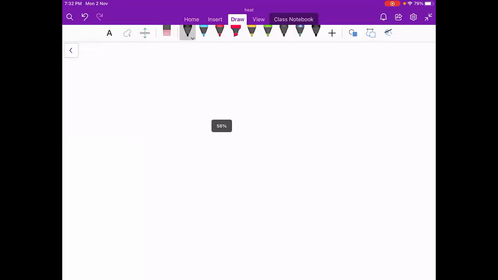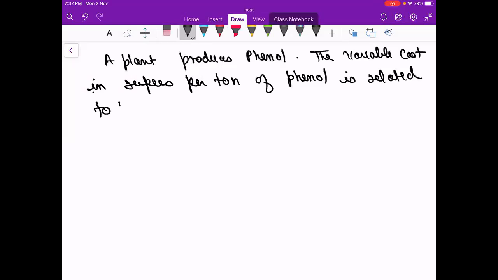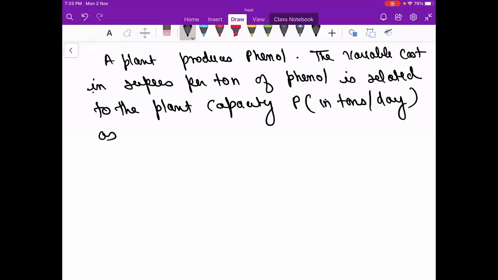A plant produces phenol. The variable cost in rupees per ton of phenol is related to the plant capacity P in tons per day as 45,000 plus 5P.